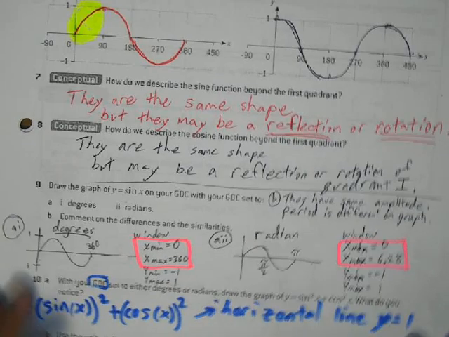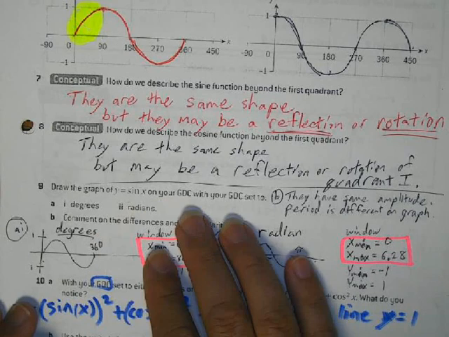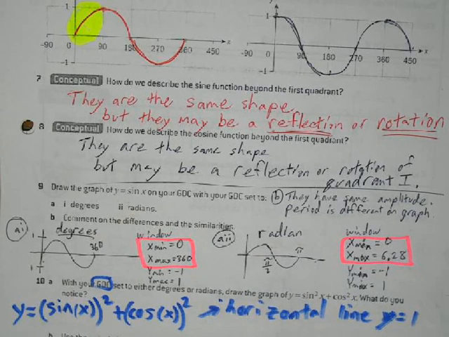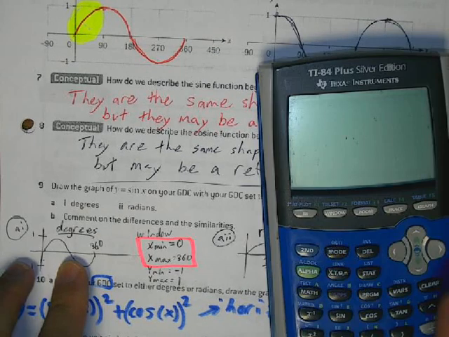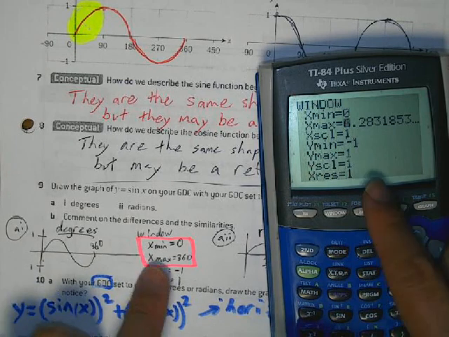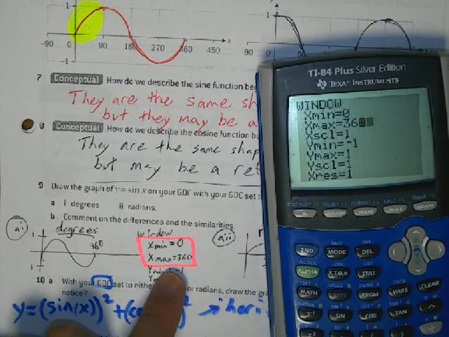Okay, draw a graph of sine x on your calculator. So super important when you're using your calculator that your window is going to have to be different in order to see your graphs. If you don't have the window correct, you're not going to see it. So if you're in degree mode, the x max has to be 360.